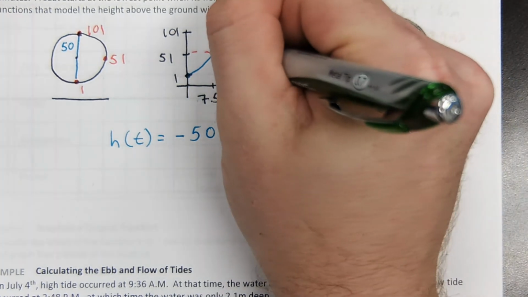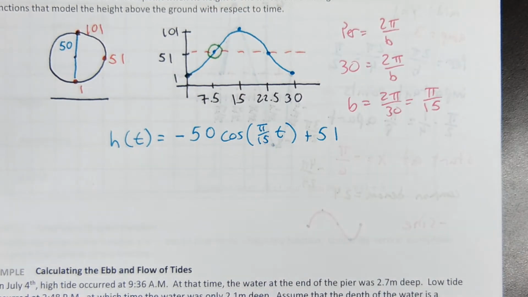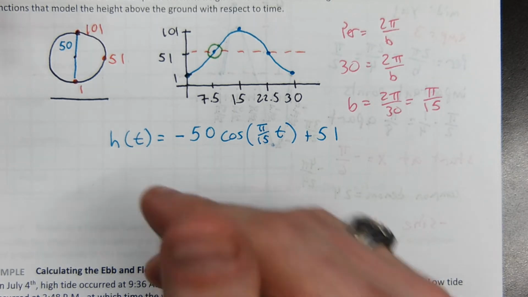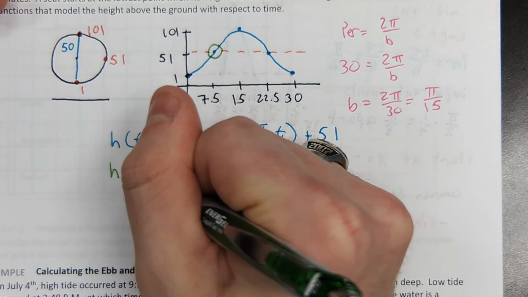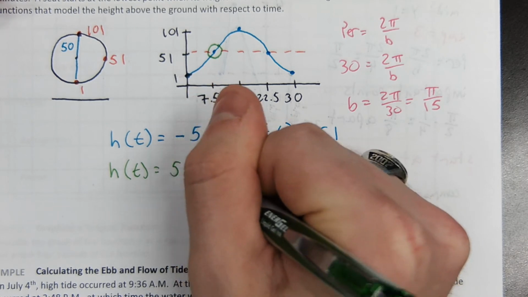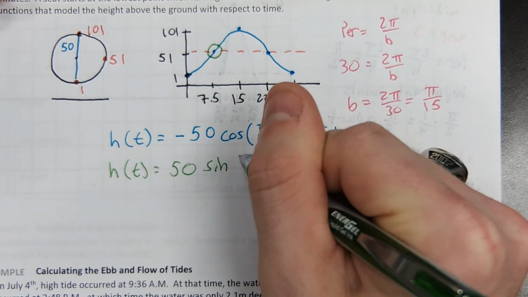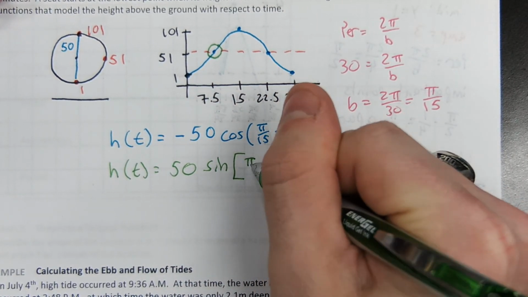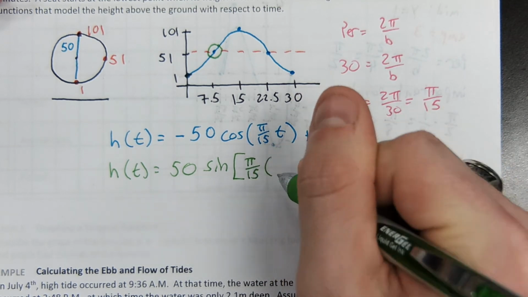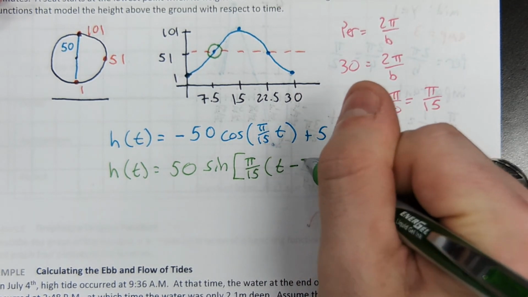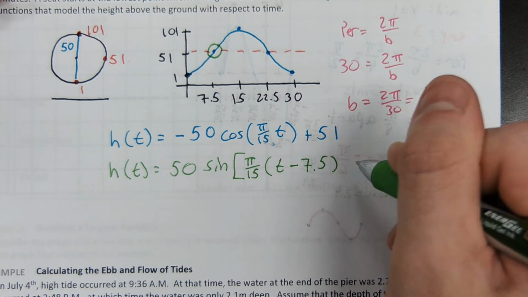So if we begin here, we have a positive sine wave that has been phase shifted 7.5 units to the right. That's what a phase shift is. So we can also say h of t equals positive 50 sine of pi over 15, with t minus 7.5 to shift it 7.5 to the right.